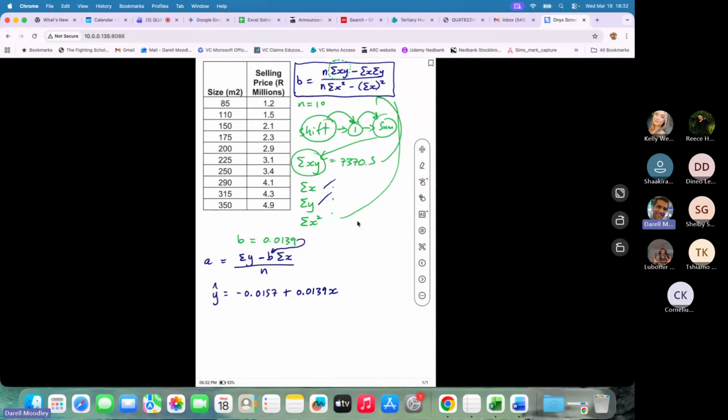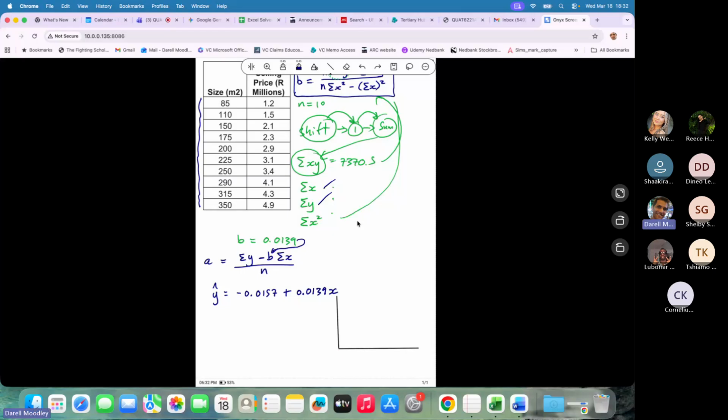Now, if you look at our data, the x values go from 85 all the way to 350. So if I had to sketch this graph again, that's our x-axis, that's our y-axis. Here we have size, and here we have selling price.